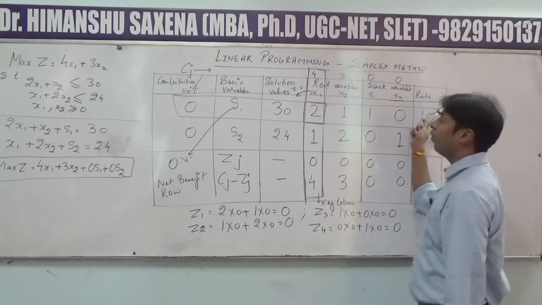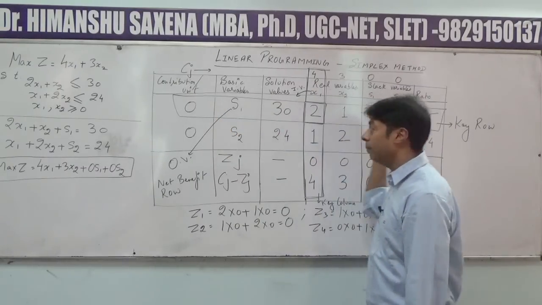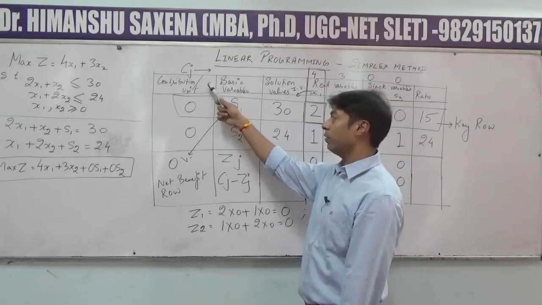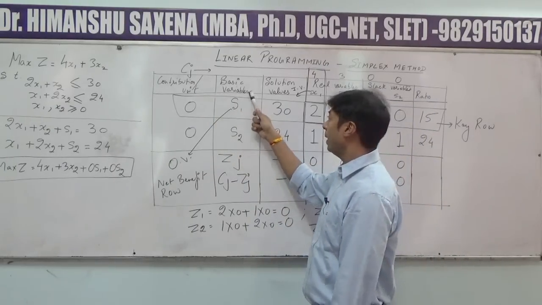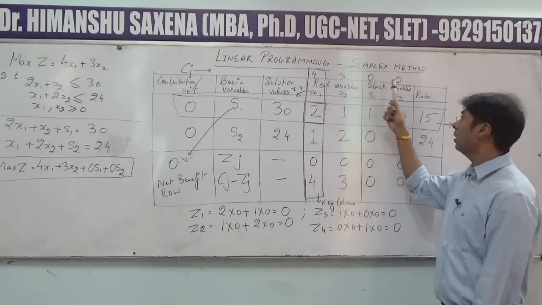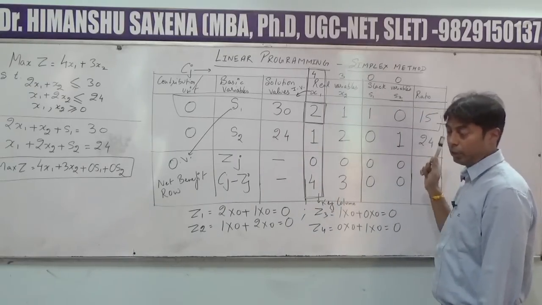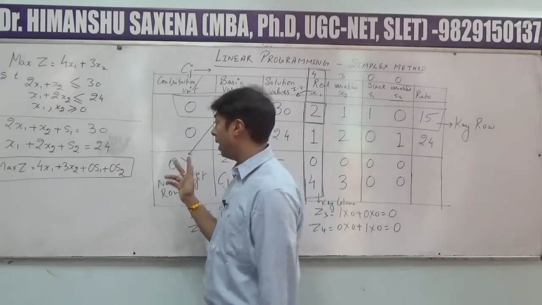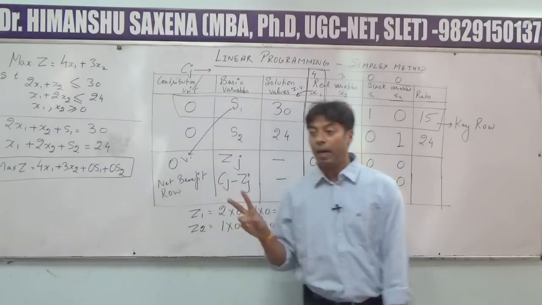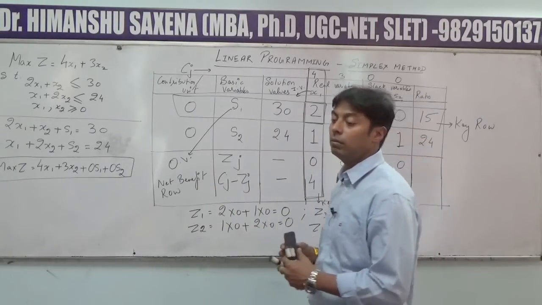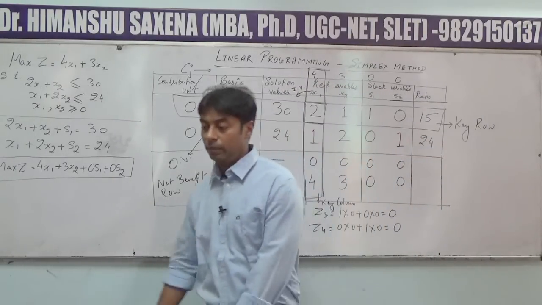Remember, the format of the second simplex table will be exactly the same. All these columns will be there: contribution, basic variables, solution values, real variables, slack variables, as well as ratio. But we will be replacing these values by two formulae. So take down formula or concept number 6.